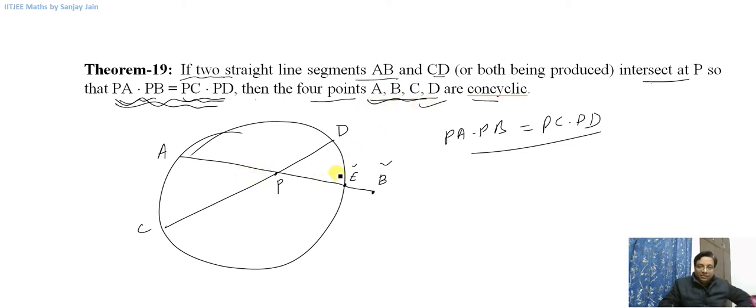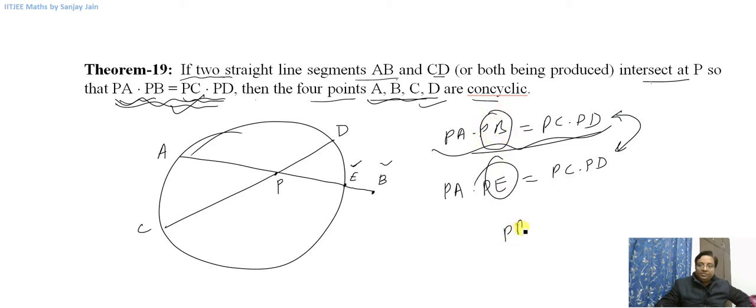How do we say that? If I have assumed that E lies on this circle, so I can say by secant property of the circle that PA into PE should be equal to PC into PD. But we know that this is a relation that is given to us, right? So comparing these two, what can I say about PB and PE? That PB is equal to PE.